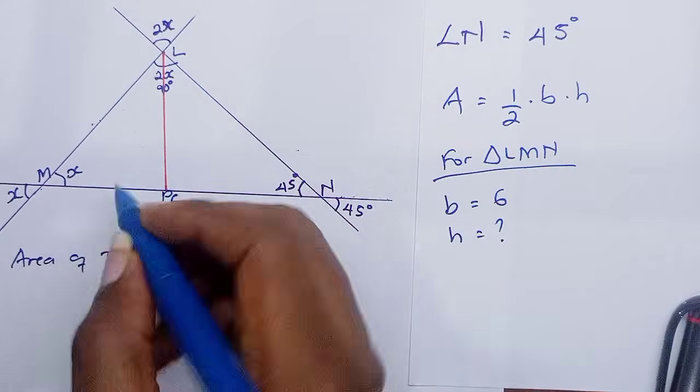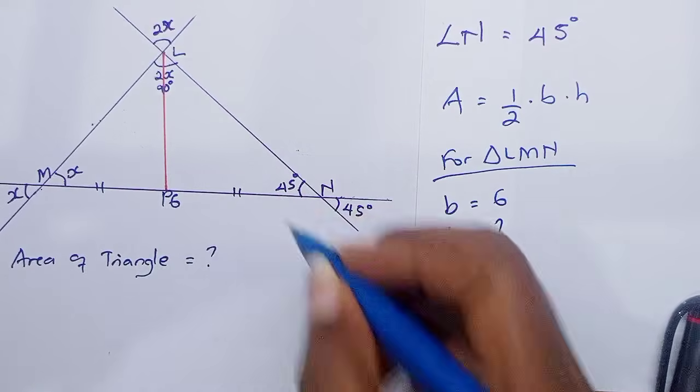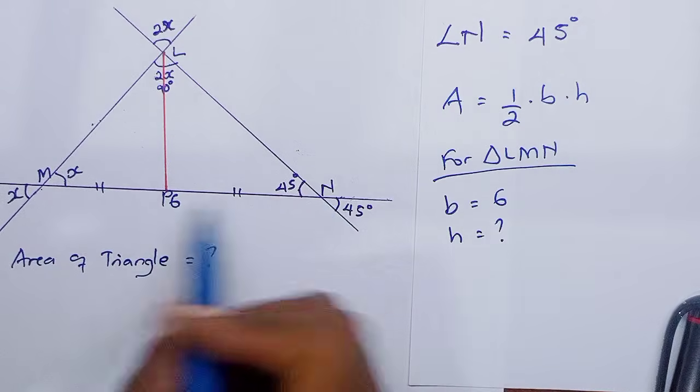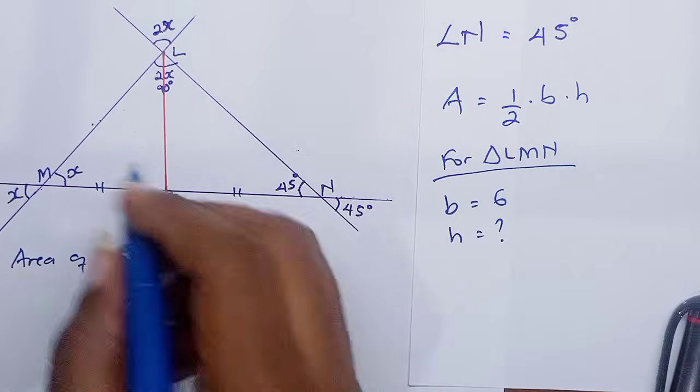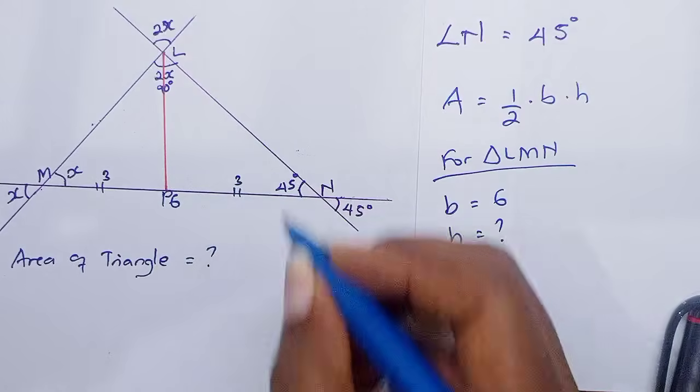That implies that MP will be equal to PN. Okay? And since MN is 6, that implies that MP is 3, also PN is 3.